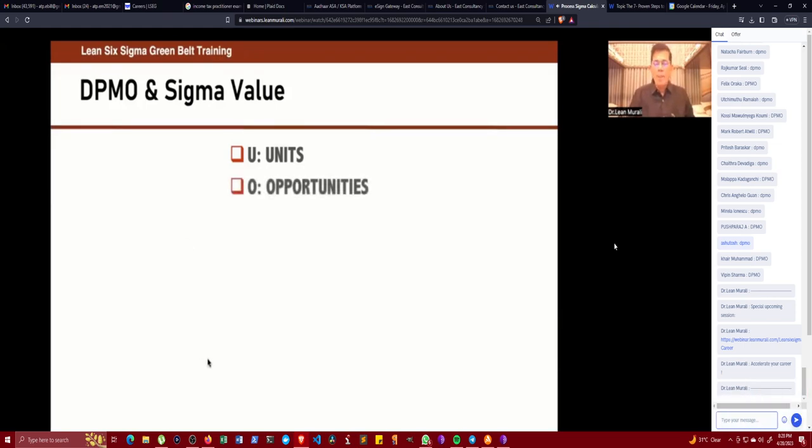And every nut or bolt may have various parameters or specifications which the customer will check. Let me ask you a question.